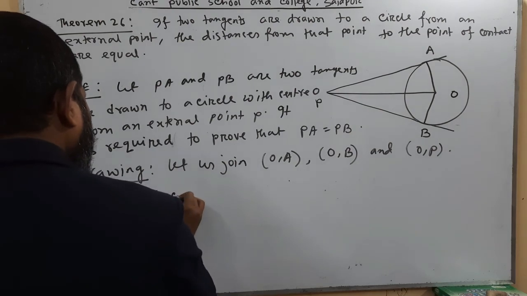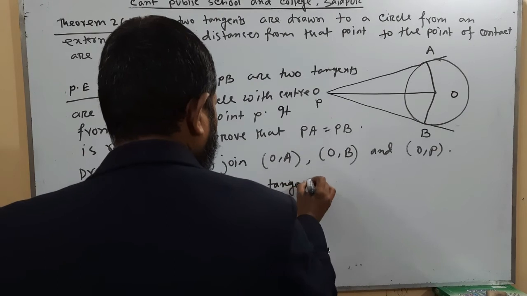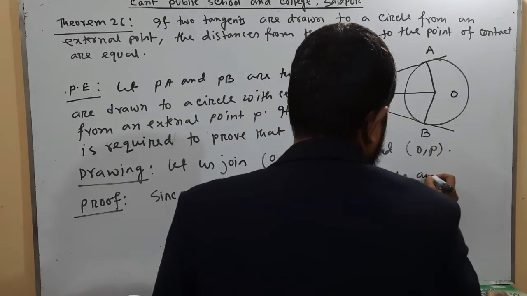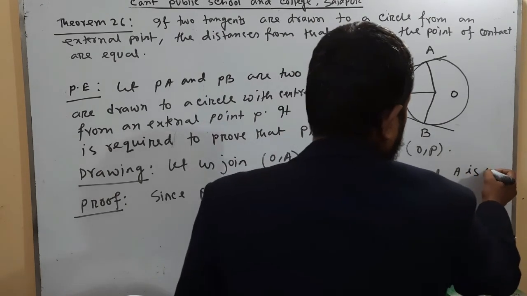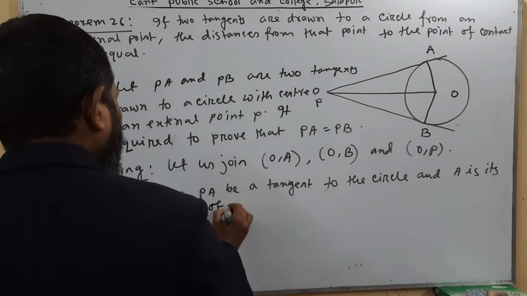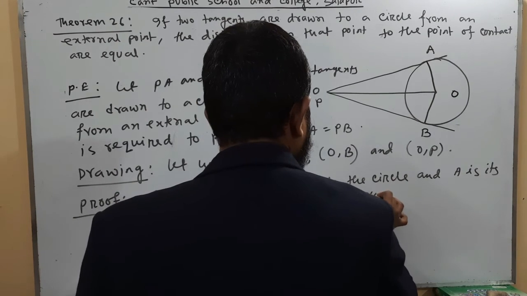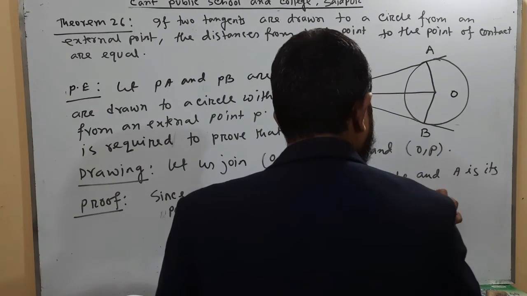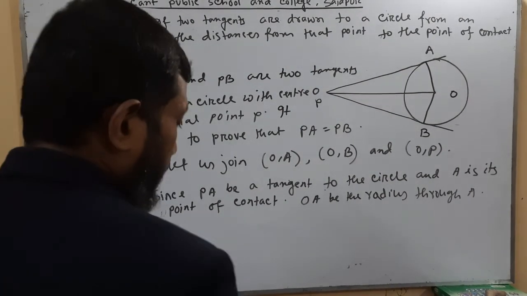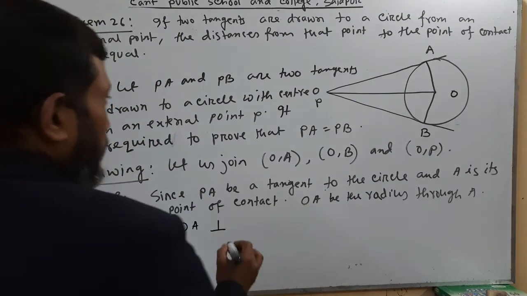Since PA is a tangent to the circle and A is its point of contact, OA is the radius through A. So we can write OA is perpendicular to PA.